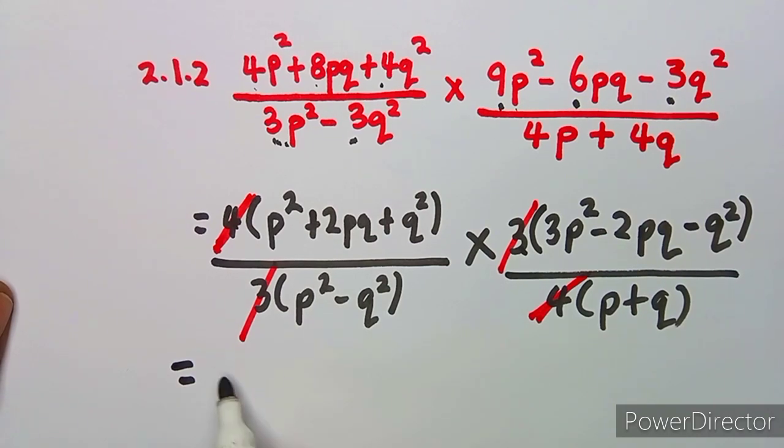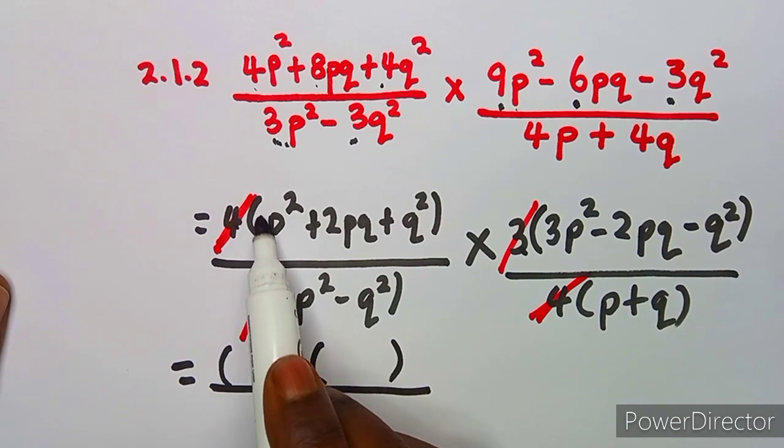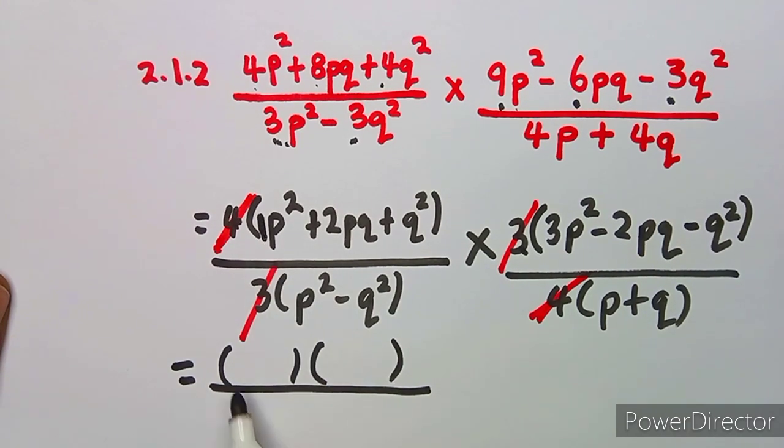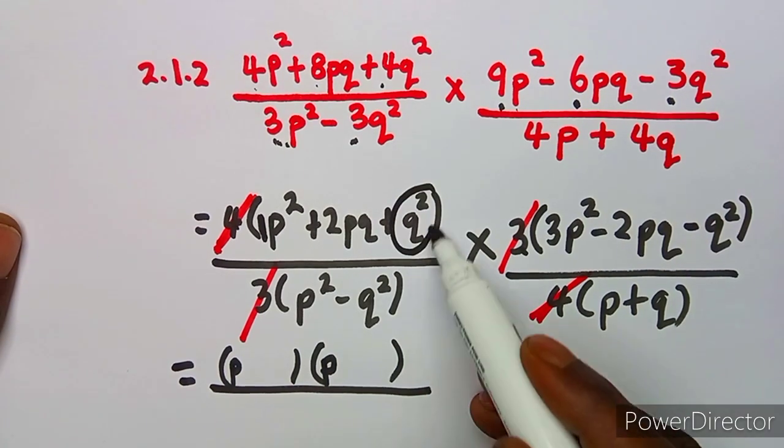So now we can actually factorize here. Remember guys, here now the coefficient of p squared is 1, so we can apply that direct factorization where we just write p and p here, and you focus on the last term, which is q squared.